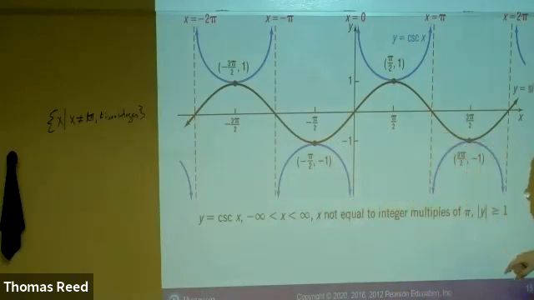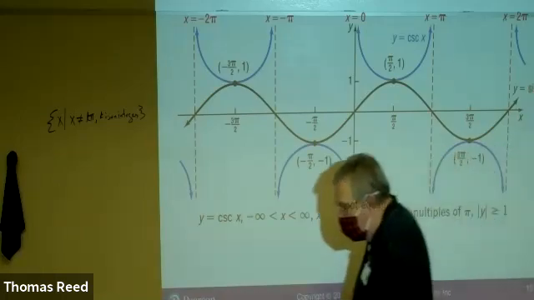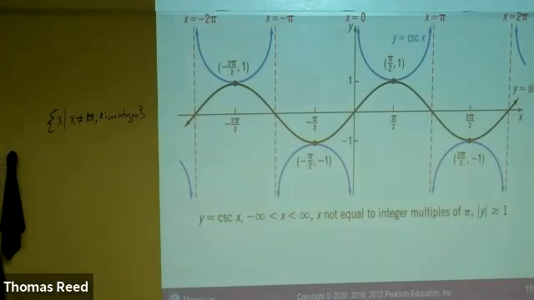So y, the range is all real numbers such that the absolute value of y is greater than or equal to 1. So that means there's a void between -1 and 1, those y values do not exist for cosecant. And the same for secant.